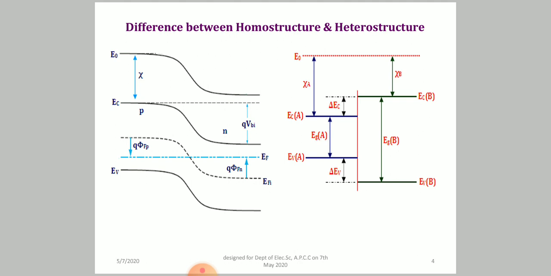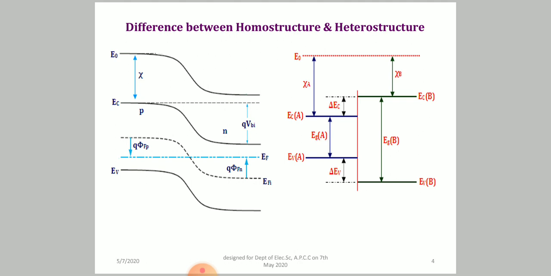I am repeating again, delta EC is known as conduction band discontinuity, and similarly the valence bands will also be discontinuous, and that is known as delta EV.